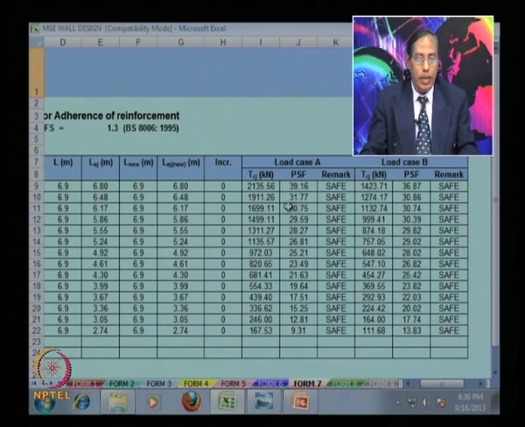And this is the safety factor for load case A. You can see this is 39.16, and then gradually this partial safety factor is decreasing, and it is about 9.31. So, it satisfies the criteria as per the BS code specification. So, it is safe for load case A.